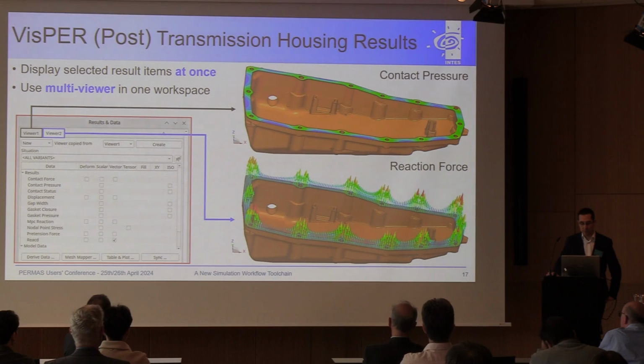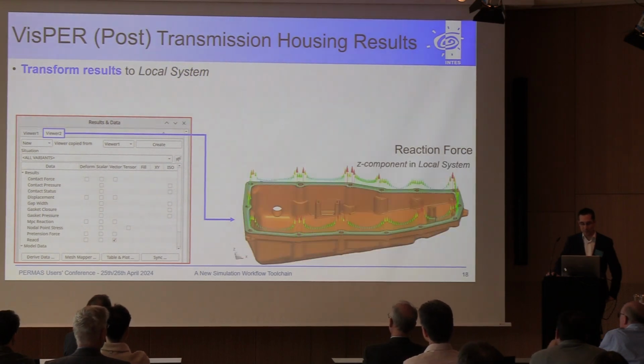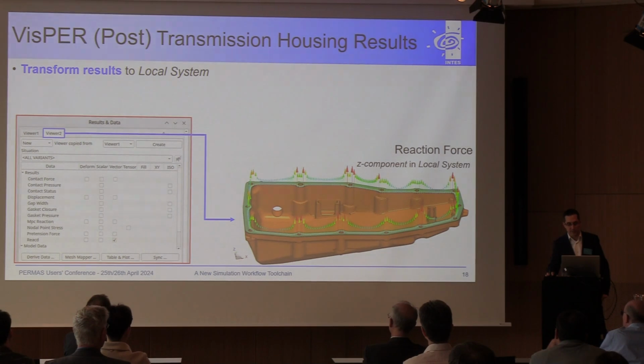So take a look at the lower picture, and you will see a small rotation now. Here we have selected not the complete reaction forces, but only the local set component in the local system. So this is represented by VisPER as a transformed result.